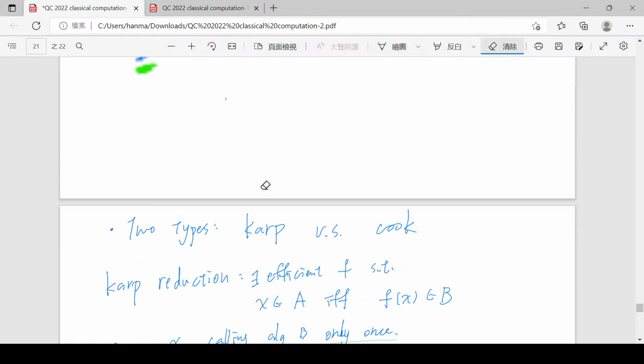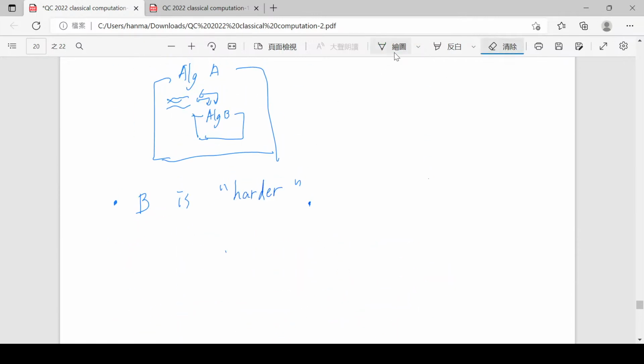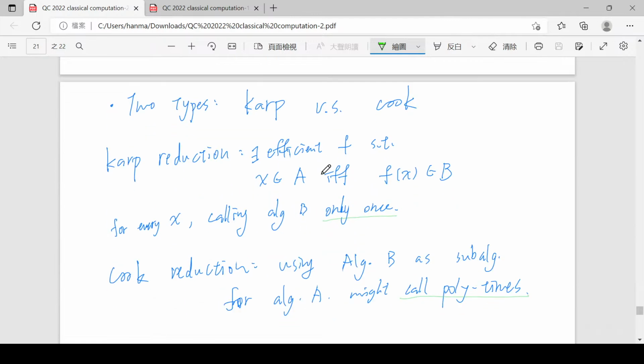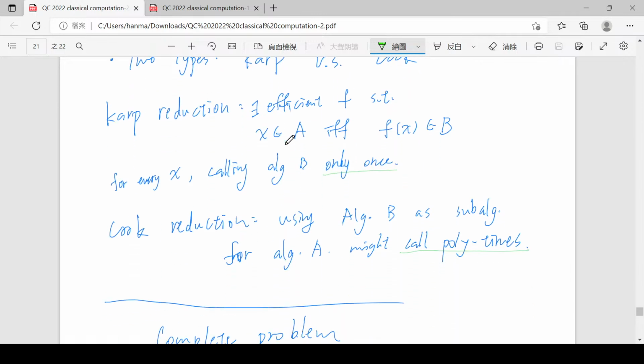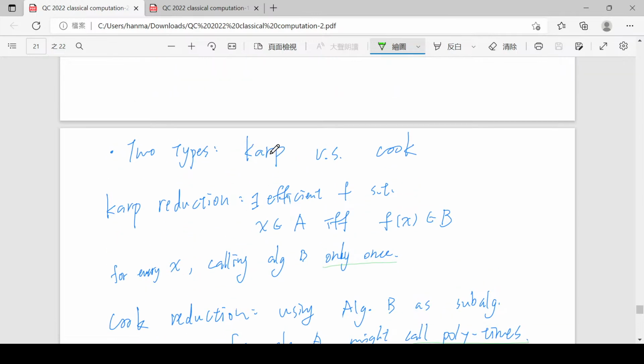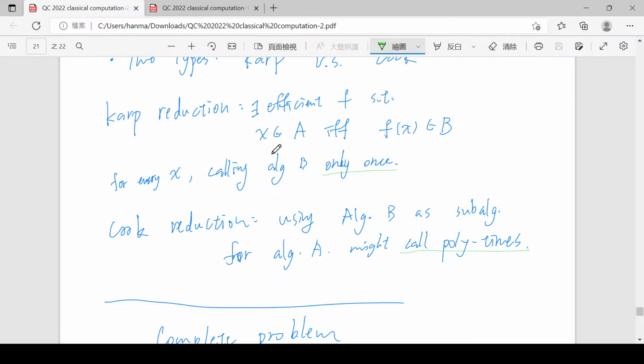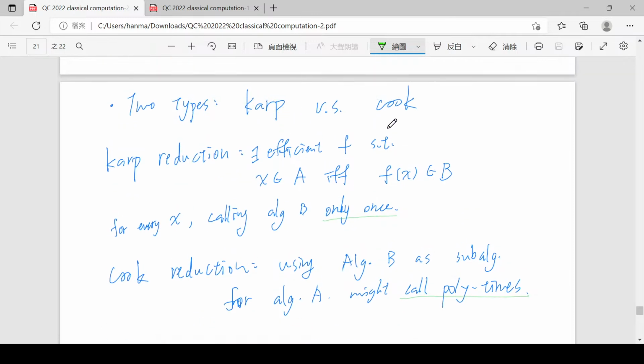And then there is a small distinction between types of reduction, and you might see them if you read a really theoretical paper. Sometimes there is a small distinction. So there is Karp reduction and Cook reduction.